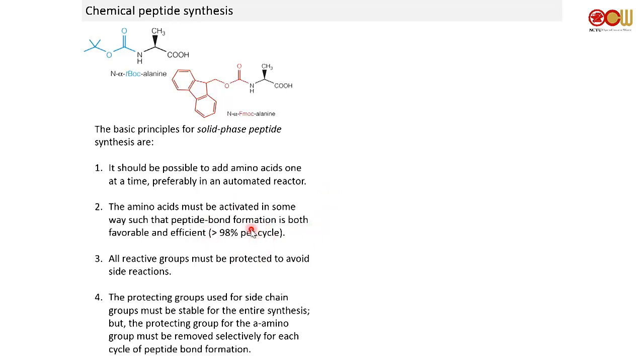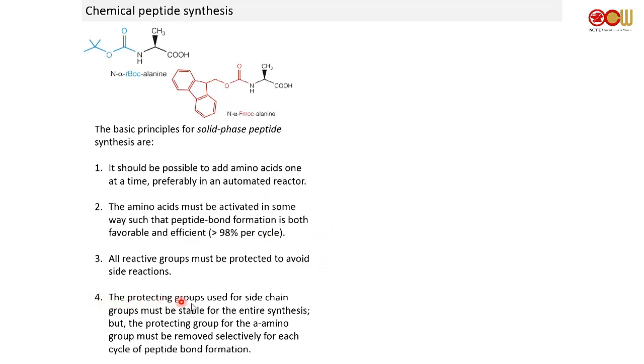Because if you don't have near 100%, what happens? The same problem as in Edman degradation happens. You're going to get a mixed population of your polypeptide. That's not good. And three, all reactive groups must be protected to avoid side reactions. That's important because you don't want to have an ugly looking protein.